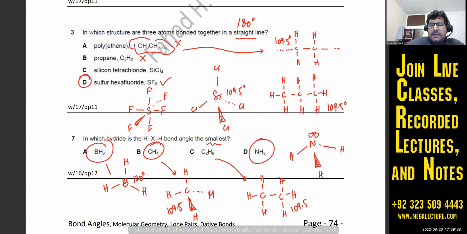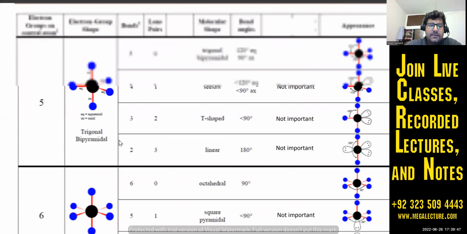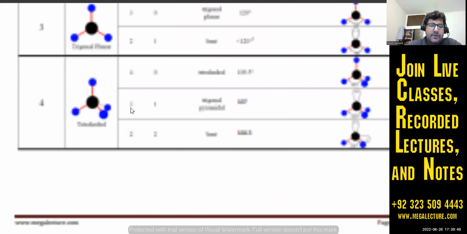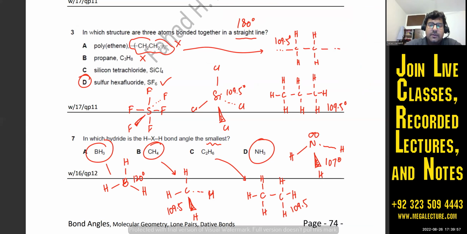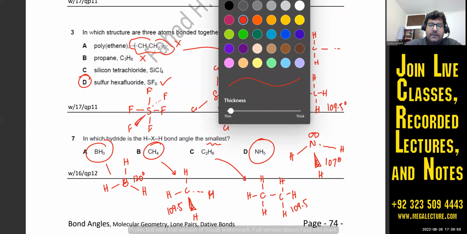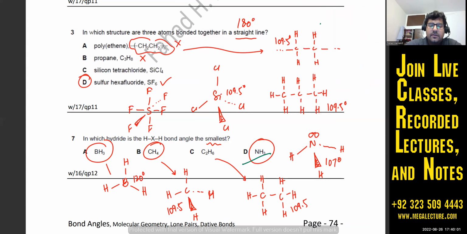So what is the angle in NH3? That's 107 degrees. 1 lone pair, 3 bonds. Okay, just look at the shape. 1 lone pair, 3 bonds. This one, 3 bonds, 1 lone pair. It's going to look like this, and the angle will be 107 degrees. And so this appears to be the smallest. So ये वाला जो ना, that's the smallest. Okay, D is going to be my answer for this one.